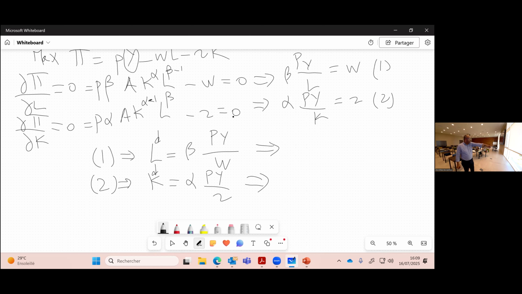The first one, if we have to deduce the interpretation of beta or alpha, just to remark here, generally we impose constant returns to scale, constant return, like this. Now, we can deduce that the part of labor is beta.